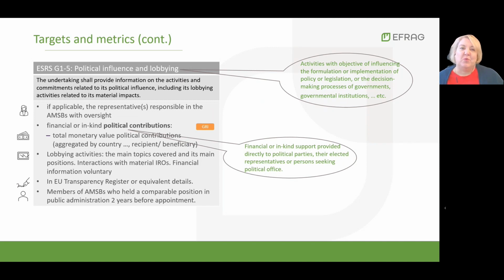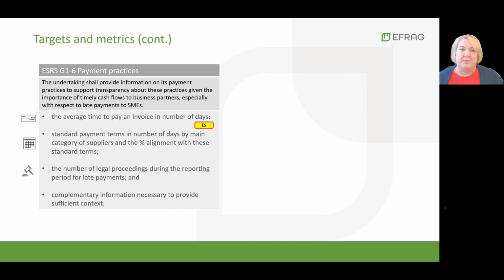Then lastly, we get to the topic of payment practices. Here, as I indicated, the average time to pay an invoice is already a requirement for Spanish entities, where they calculate the number of days to pay. We also ask for the standard payment terms, again in number of days, but here you can aggregate by main category of suppliers, along with the percentage alignment with these standard terms.